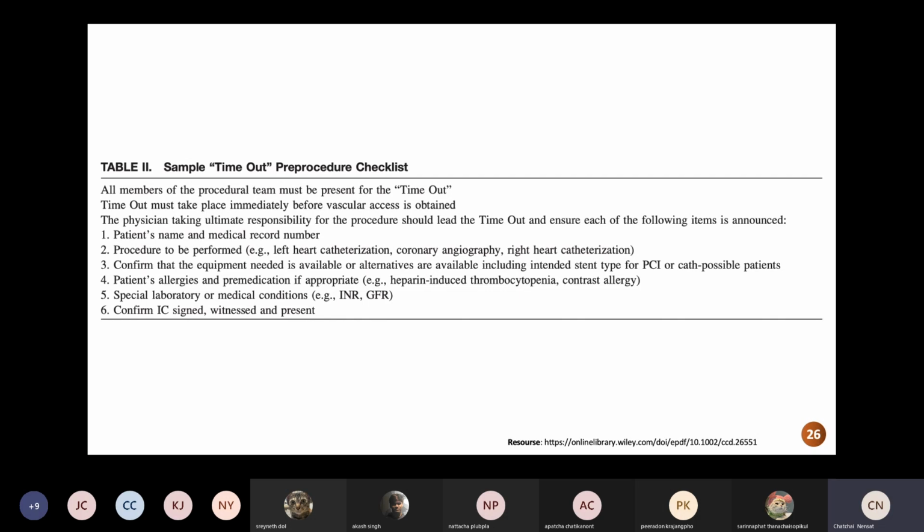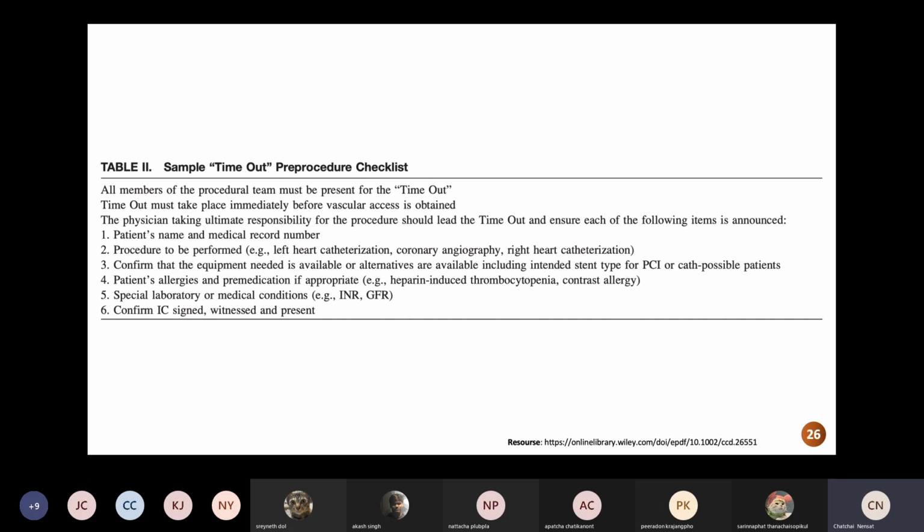Like you have to tell about PCI, the wire, the balloon, and some kind of plan of the procedure. And you have to speak about the patient's allergies and laboratory or medical conditions and the consent form as well that was already signed by the patient.